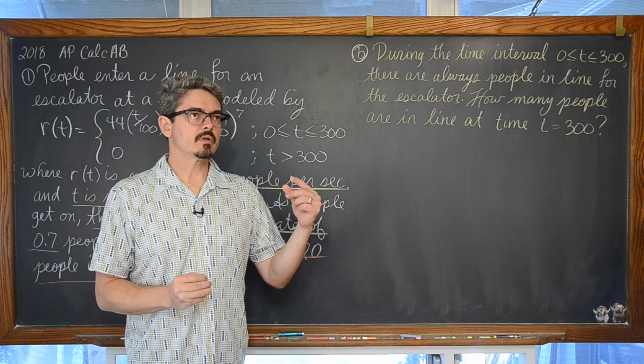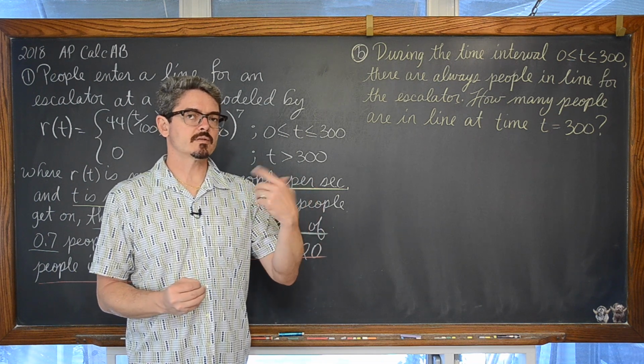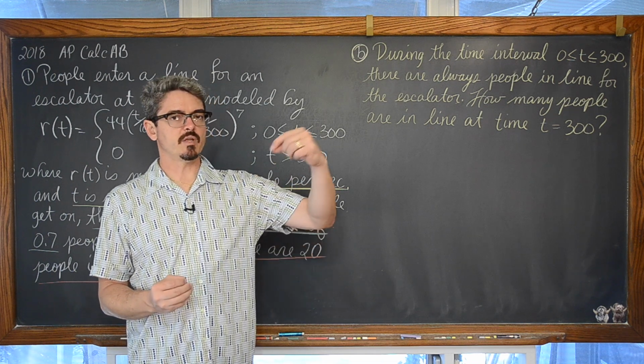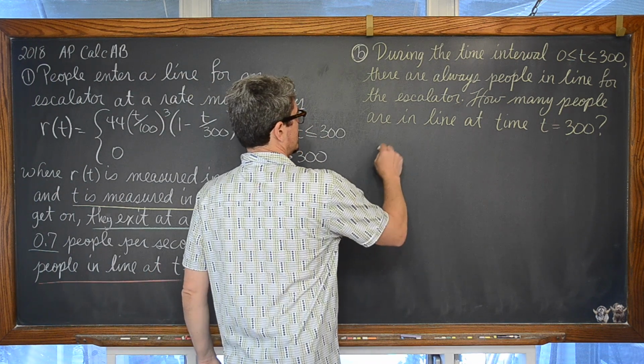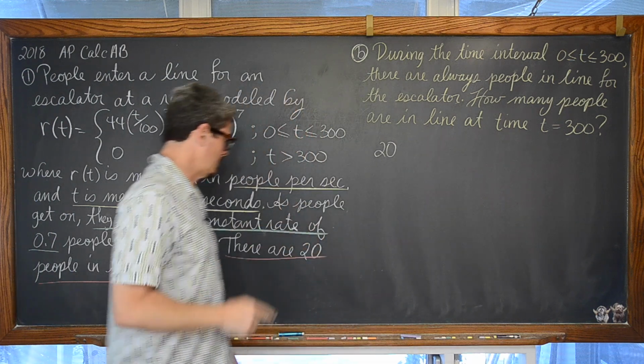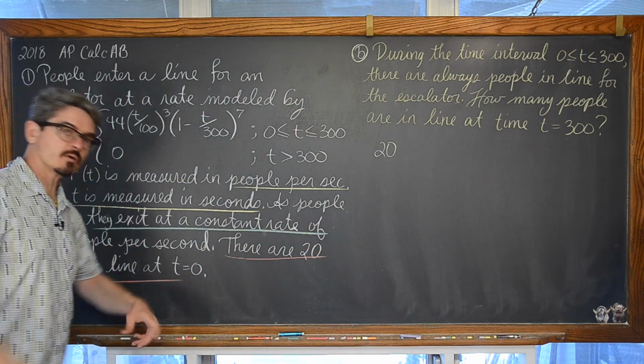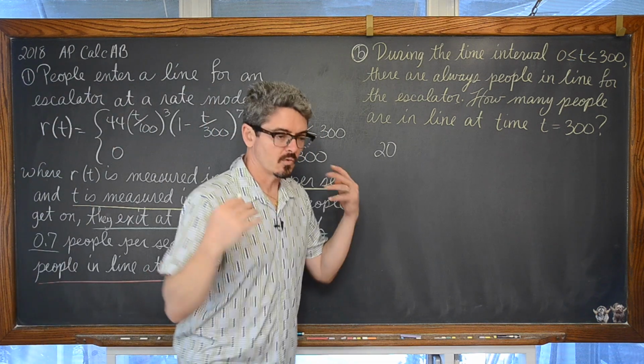And they're going to give you some points based on the consideration of the rate at which people are leaving. So the number of people in line is going to be equal to the 20 that we had in line at time 0, like when they basically opened the door or started the escalator.